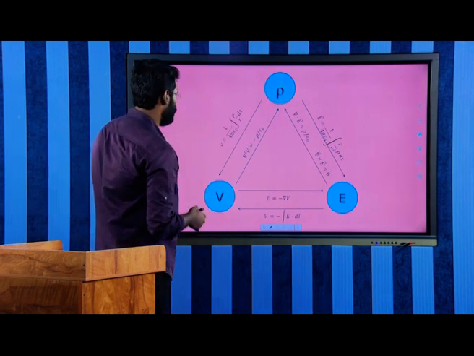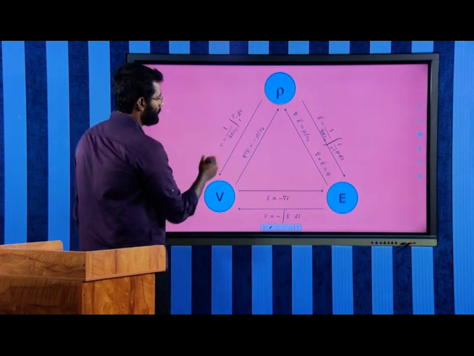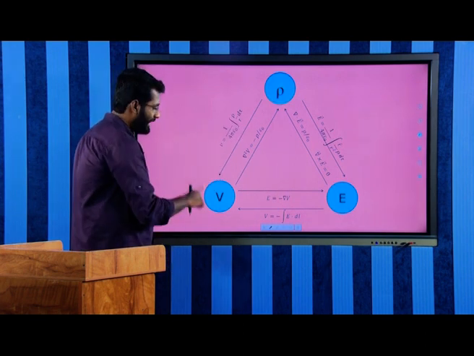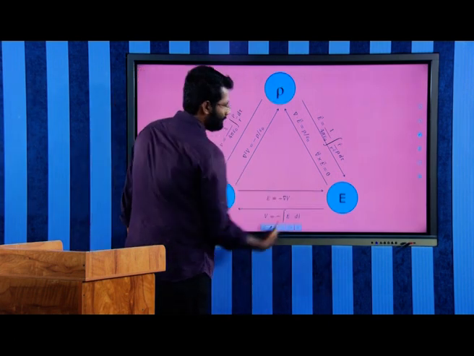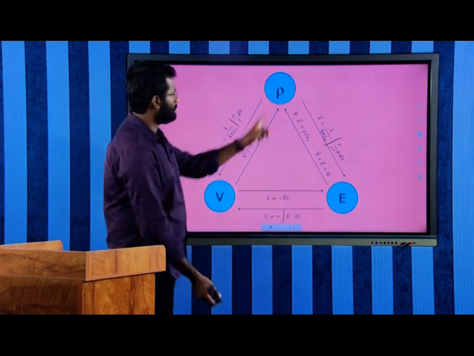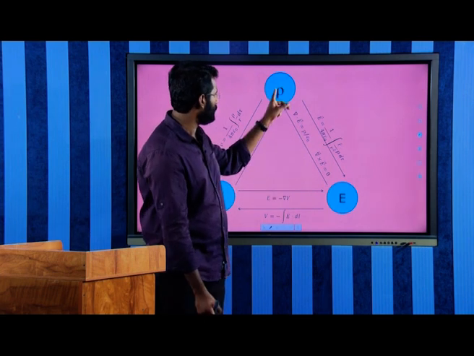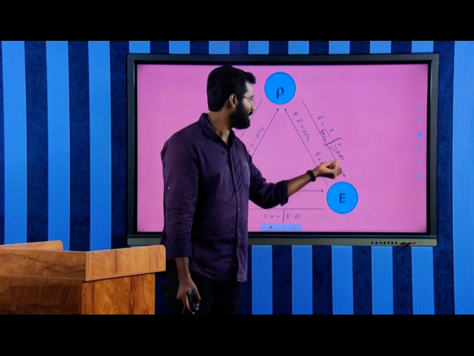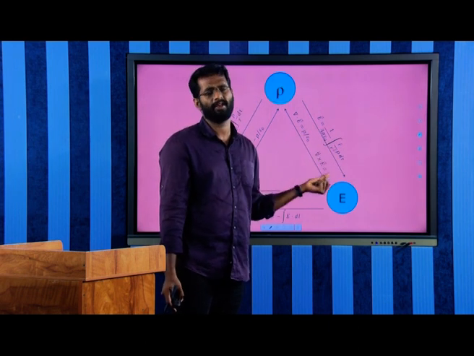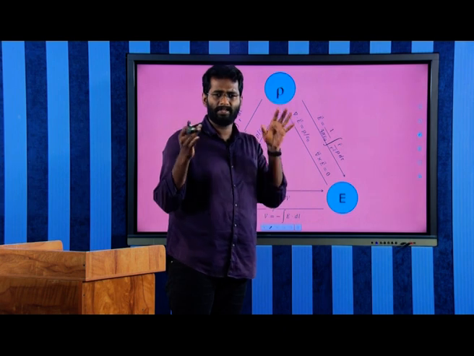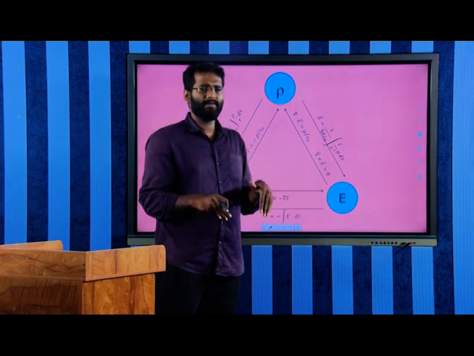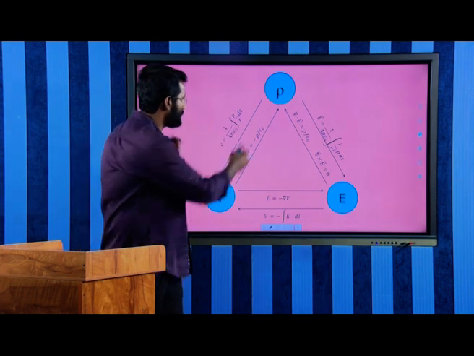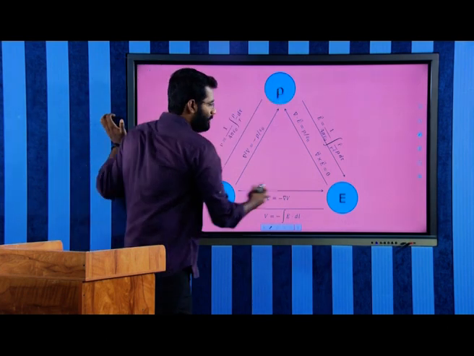Then using this law, that is V is equal to 1 by 4 pi epsilon 0 integral rho d tau by r, we can find the V, and using that we can find E. Actually there is an equation to move directly from rho to E, but what we have said is that this equation is a vector equation, or a vector sum, so it is very difficult to calculate. So instead of that we are going on a longer path, but it is an easier path. That is the advantage of this. From rho we come to V, then we go to E.